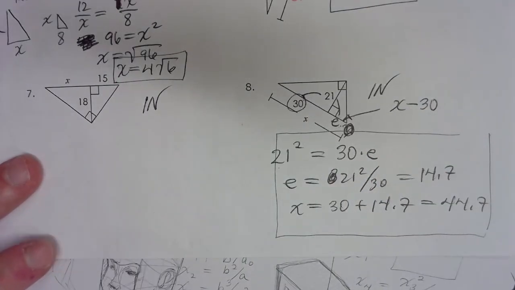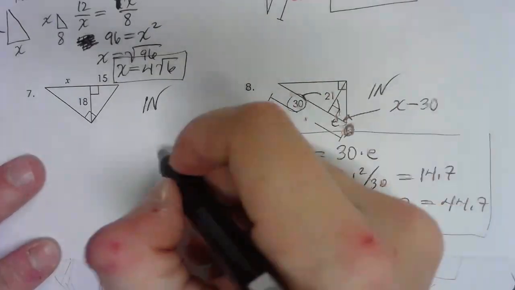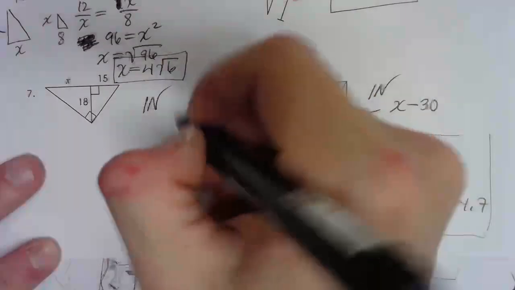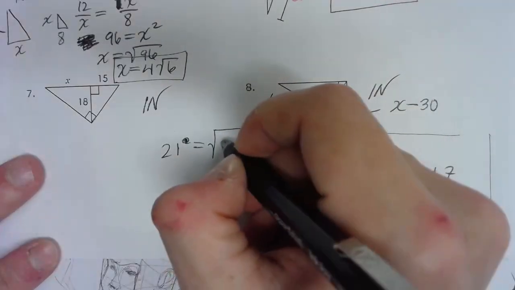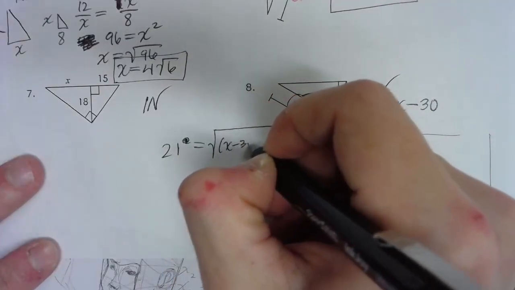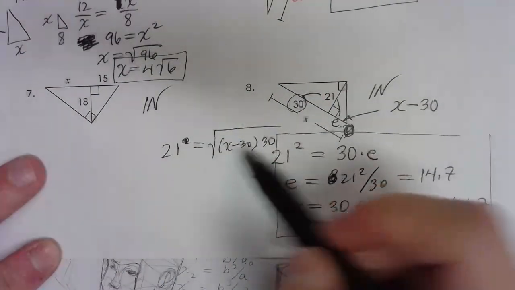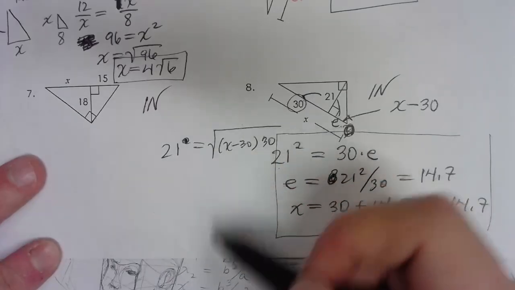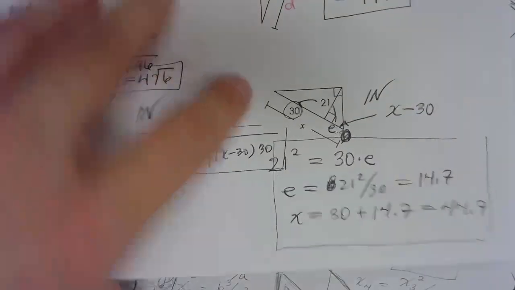So the way they solved this problem was by saying 21 is equal to the square root of x minus 30 times 30. Pretty cool. And anyways, whenever they did this, they made a squaring error, did a whole quadratic formula, got something crazy. So just be careful. You know, the method you choose can help you out.